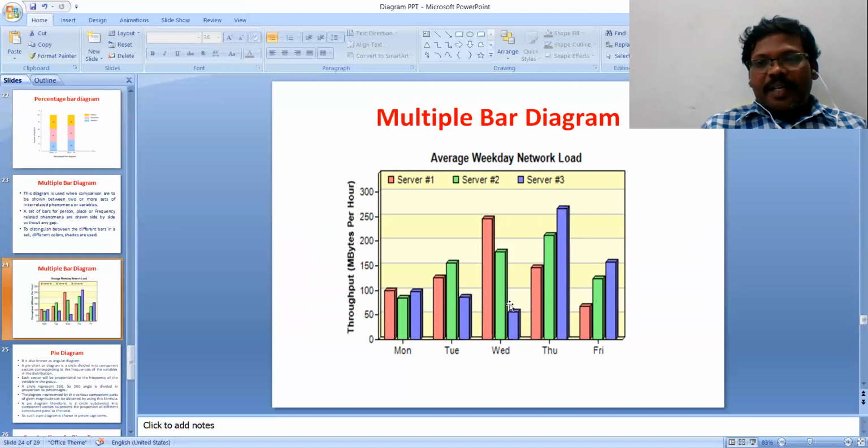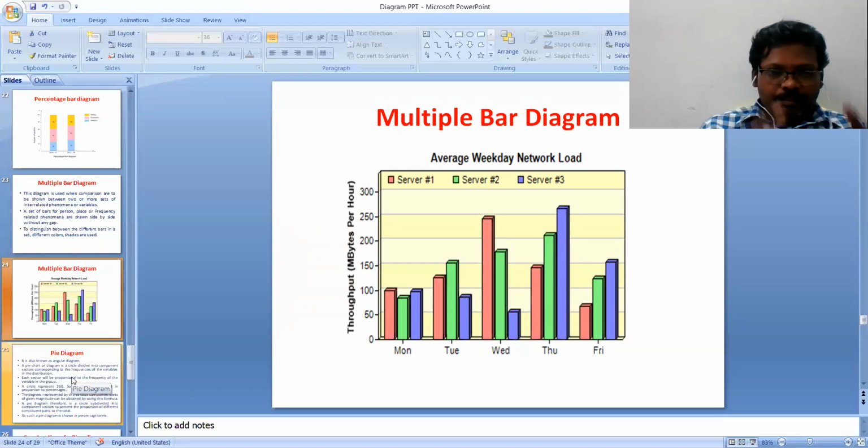All these things decide it. So for each one we color in different shades like this. That is called a bar diagram.